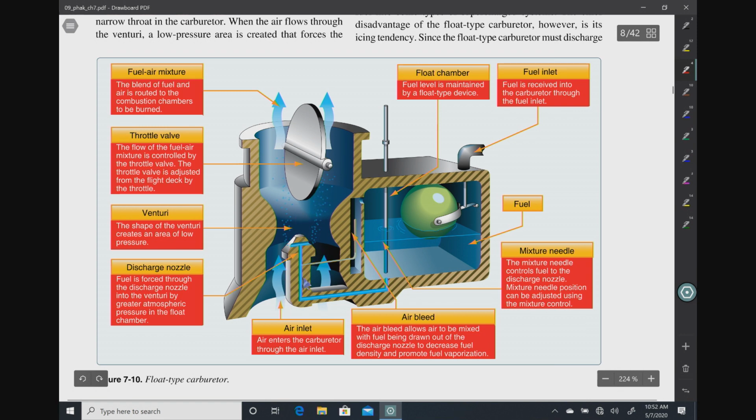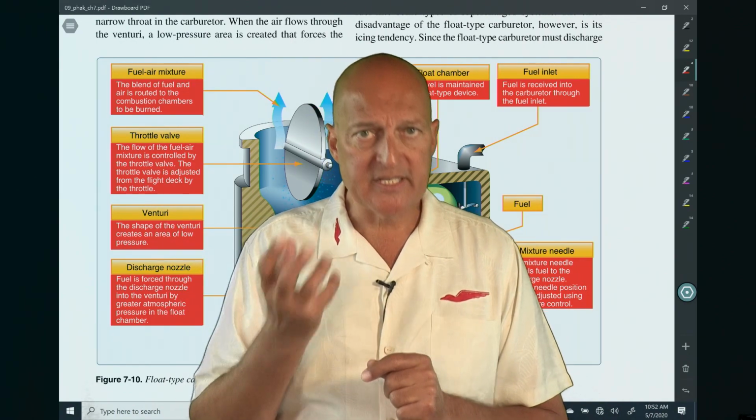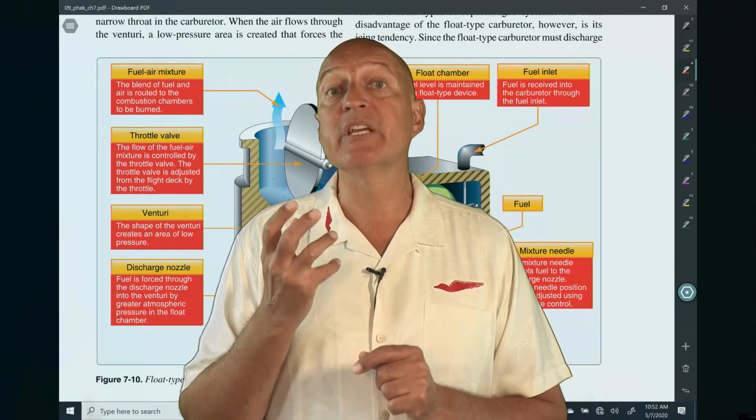They ice up because that air is moving very fast through this inlet and through this little squeezed section here called a venturi. And when that air is sped up, not only do you have a lower pressure, which we talked about before with regard to the wing, but there's a change in temperature. That temperature actually lowers, and any water vapor in the air that's getting pulled through that system can actually freeze.